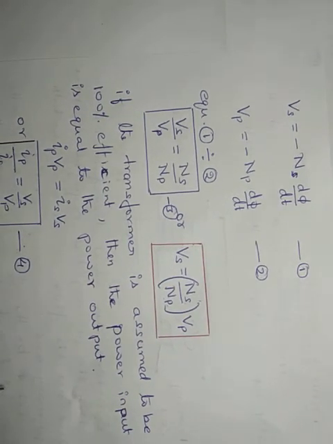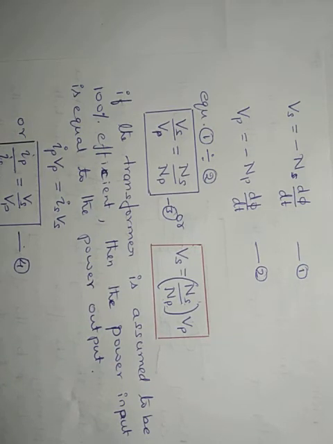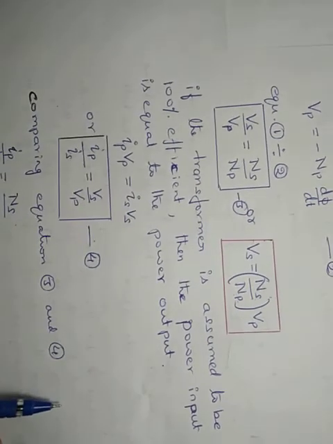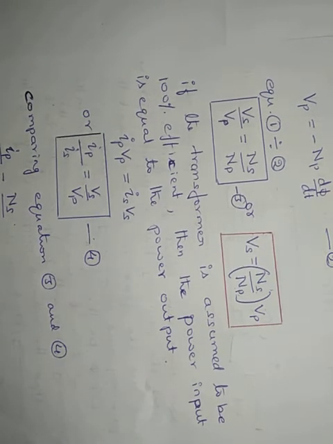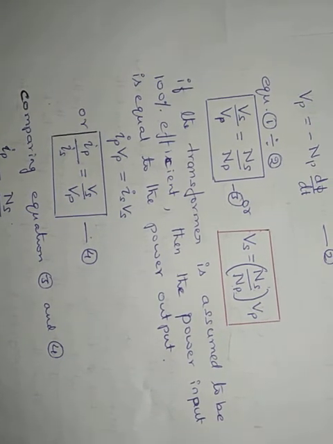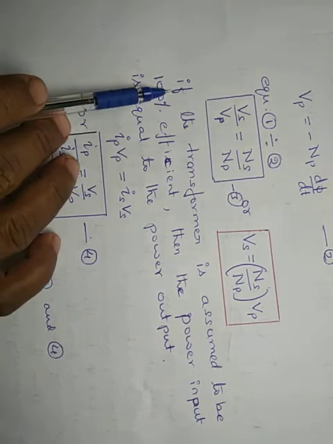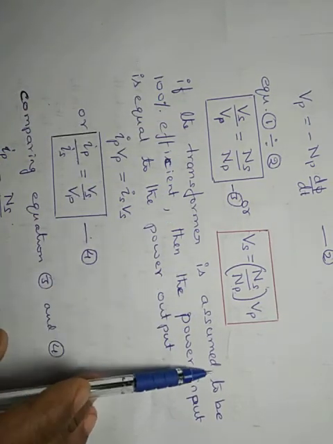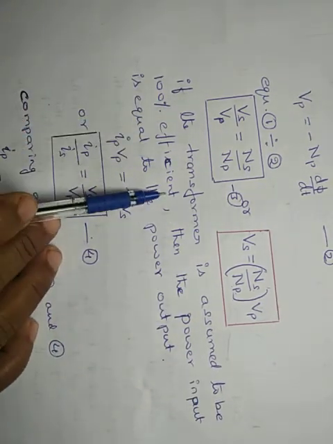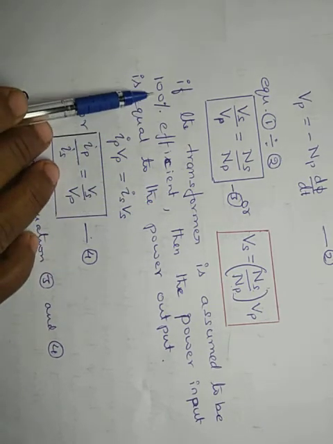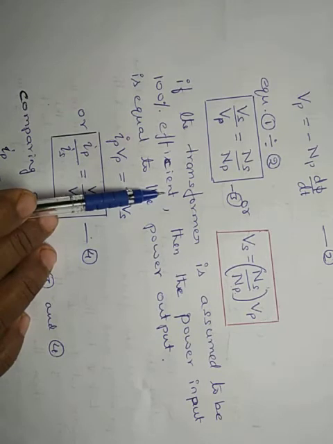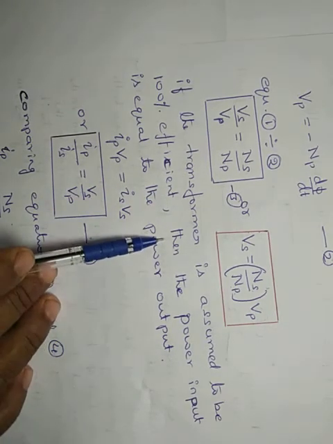Similarly, if you want to step up or step down the current, let us derive this equation. Consider that the transformer is assumed to be 100% efficient, that is, there will be no loss of power due to any reason.